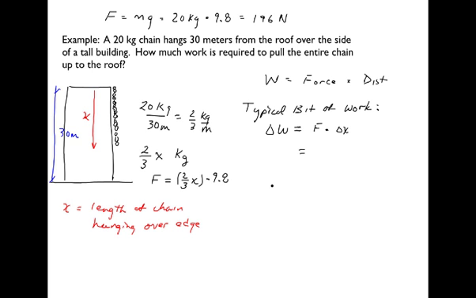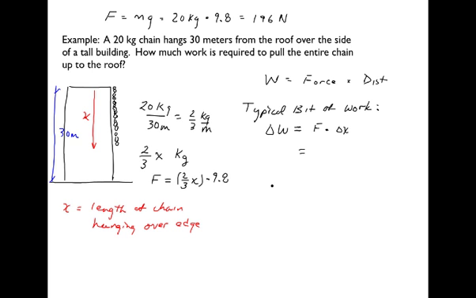Did you catch it? I went fast. Basically, if 20 kilograms is 30 meters, then each meter weighs 2/3 of a kilogram. I have X meters hanging over, so therefore I have 2/3 times X kilograms. And so then the weight of that amount of chain is 2/3 X times gravity, 9.8.